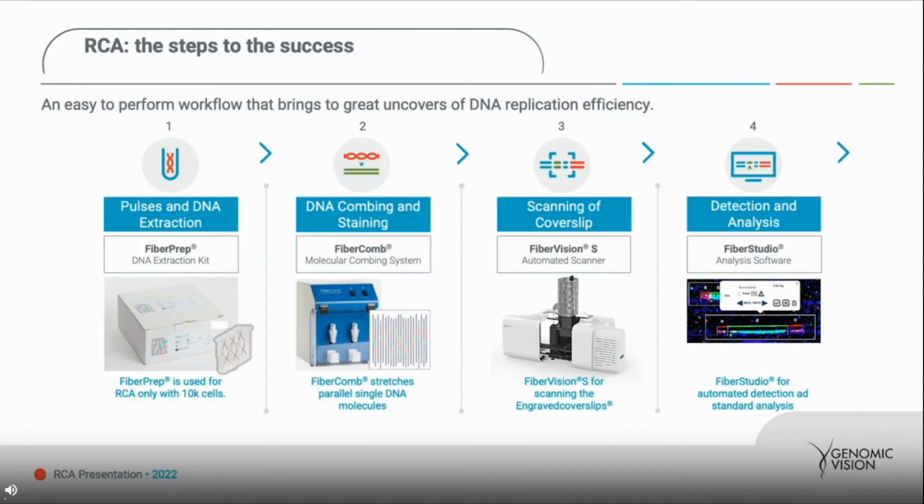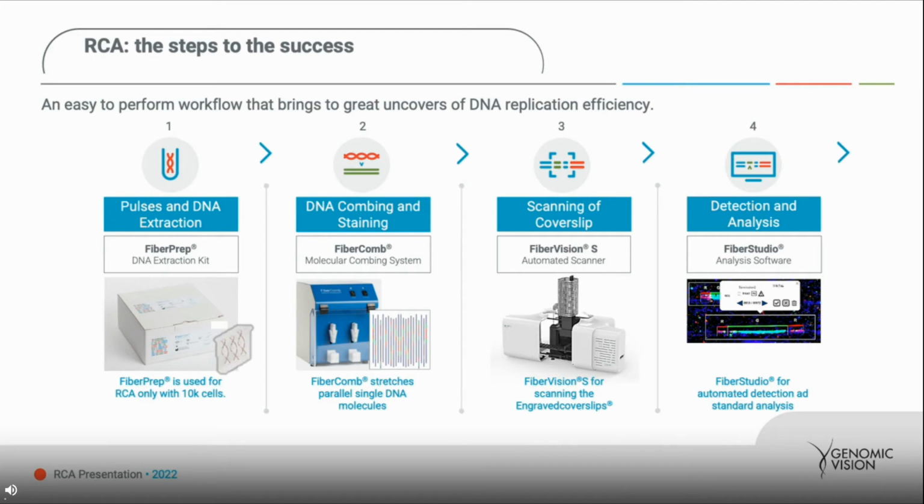So Genomic Vision, with the Replication Combing Assay and the molecular combing technology and platform, covers all the steps leading to success from sample preparation to data analysis in 4 different steps. First of all, the sample preparation with RCA and DNA extraction with the FiberPrep kits using 30,000 cells per cover slip.